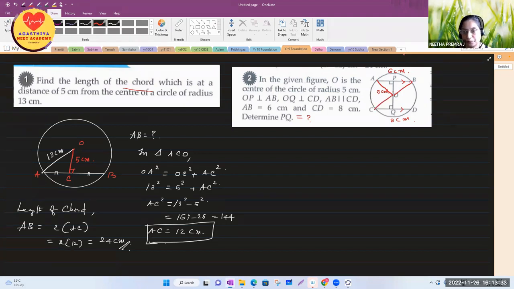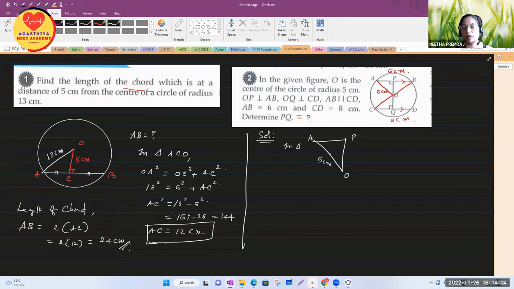See, if I take the triangle, in triangle AOP, the radius AO is 5 centimeter.